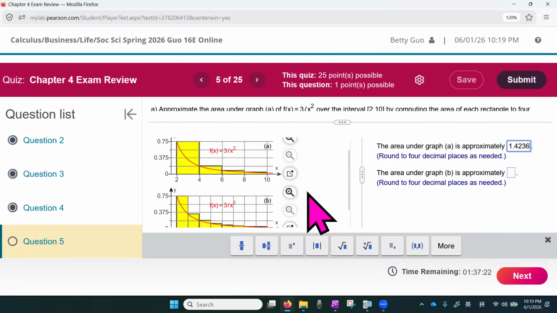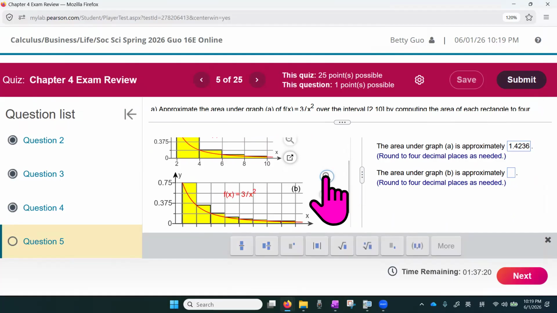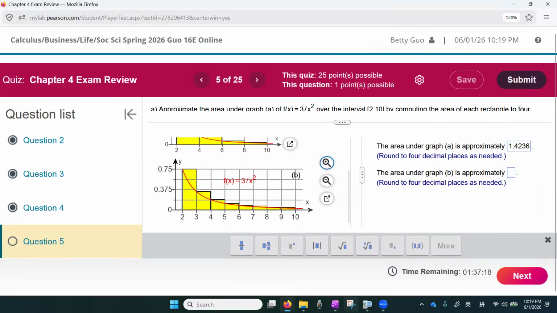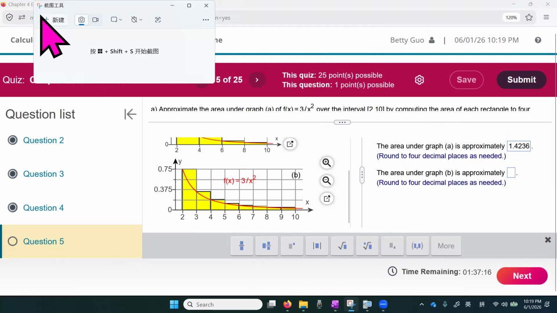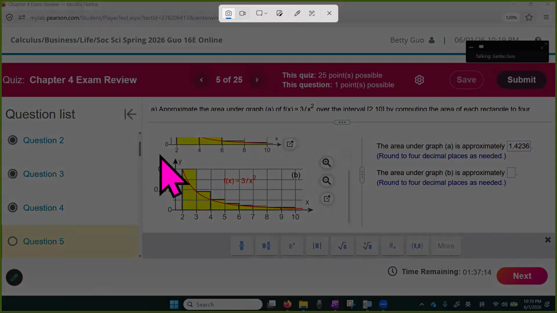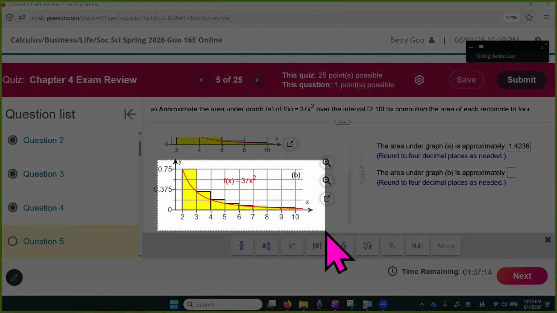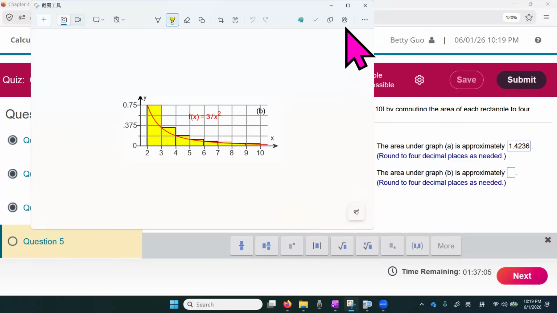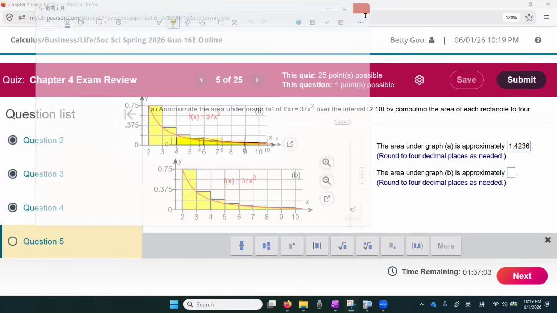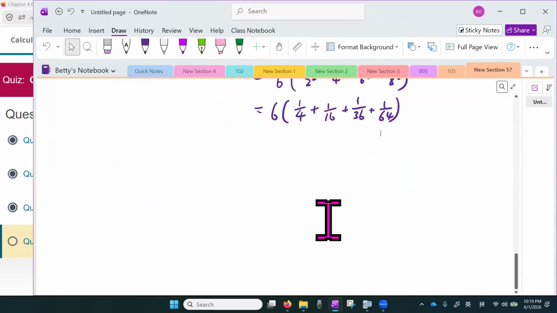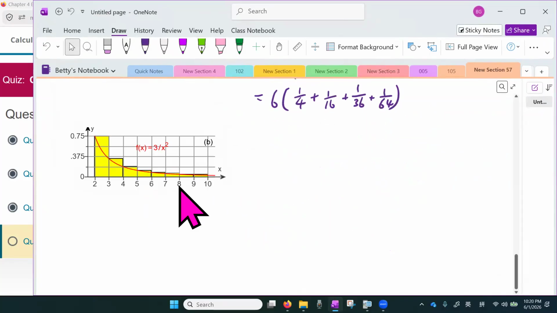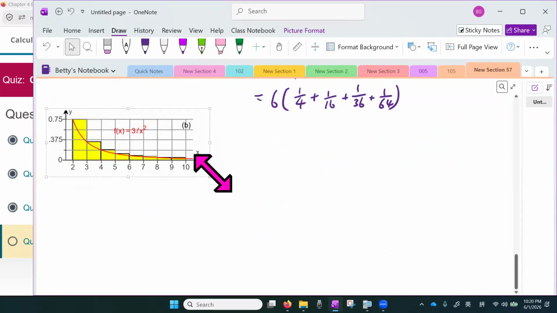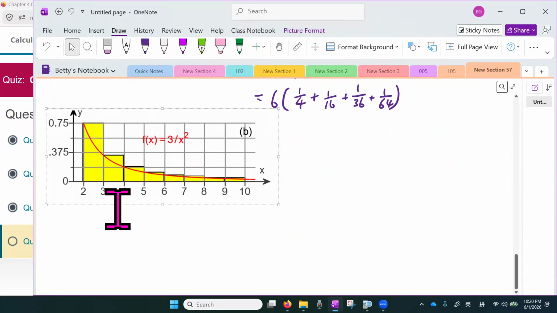All right, I'm gonna copy paste the second graph, make it bigger. What's the difference of this graph compared with the previous one? We have more rectangles, right? The number of rectangles actually, let's see if it's doubled. From 2 to 10. 1, 2, 3, 4, 5, 6, 7, 8.